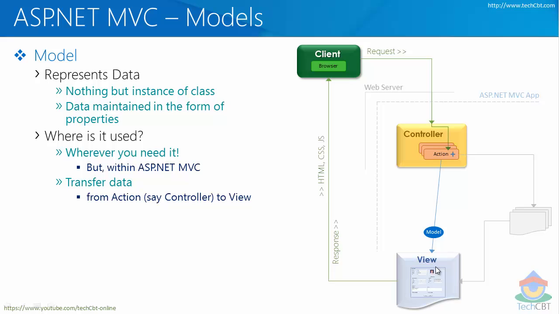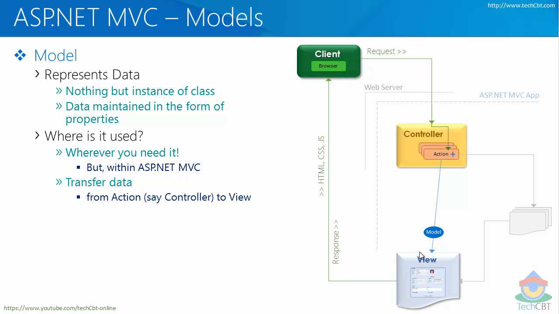Let us consider I am going to send some kind of information from the action to the view. You can instantiate a model and send that model straight to the view. So from the controller to the view, you can send a model, of course via action. Controller itself will not do anything, but the controller has actions inside, and the actions are responsible to process the request, fetch the data from the database, push the data into the model, and finally send that model to the view.